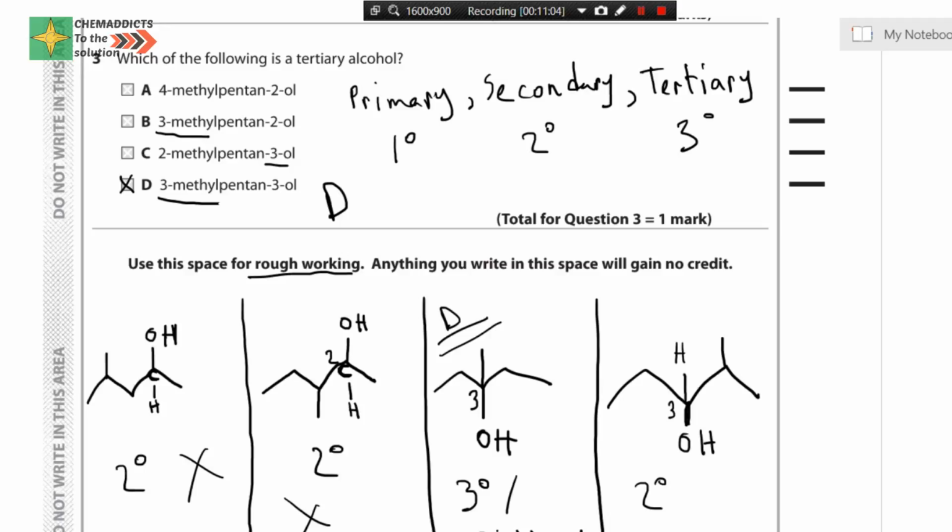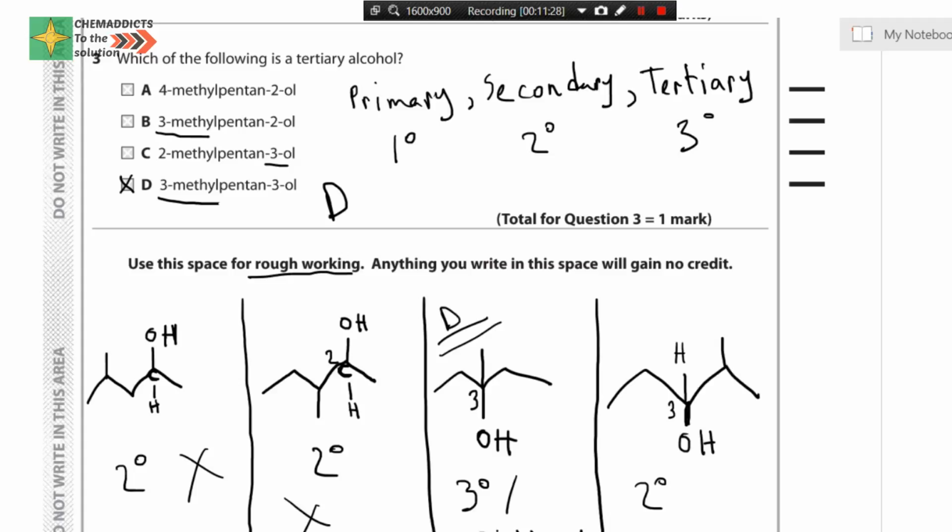And in a 3-degree, tertiary alcohol, we have seen that this carbon atom is attached to one alkyl group, that is methyl in this case, and a hydroxyl group. So there is no hydrogen in a 3-degree or tertiary alcohol.